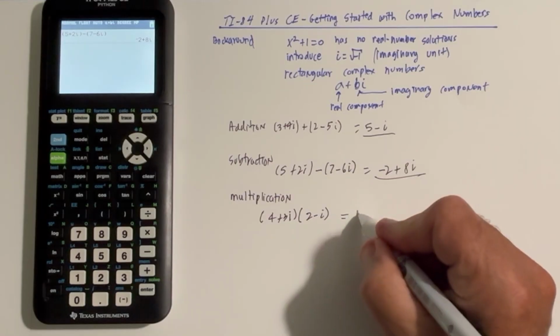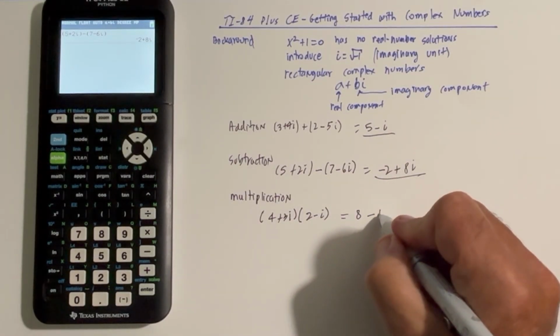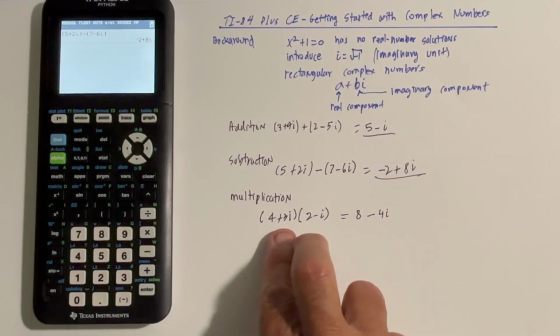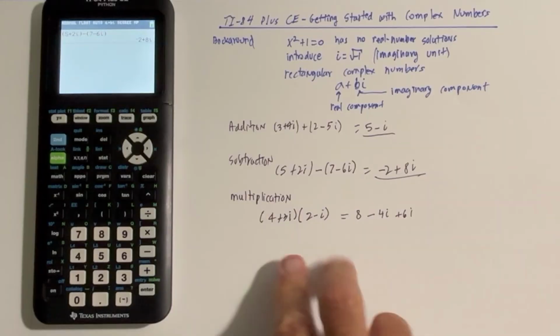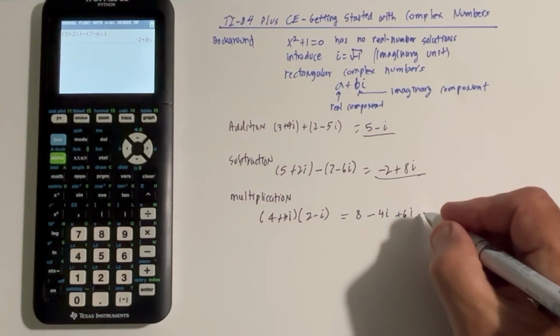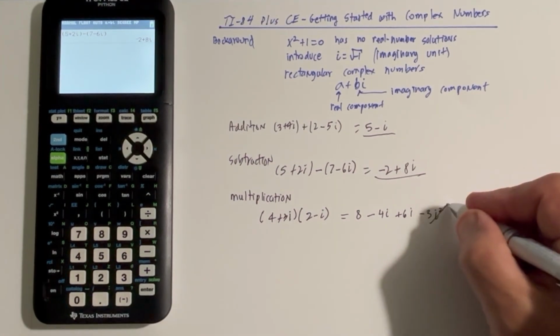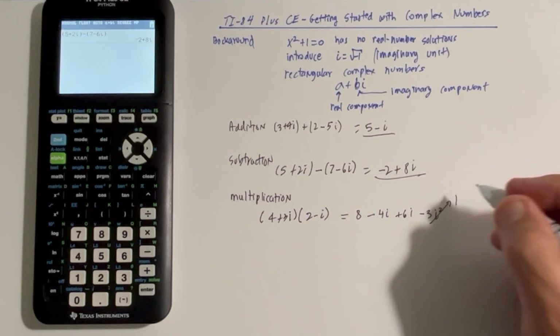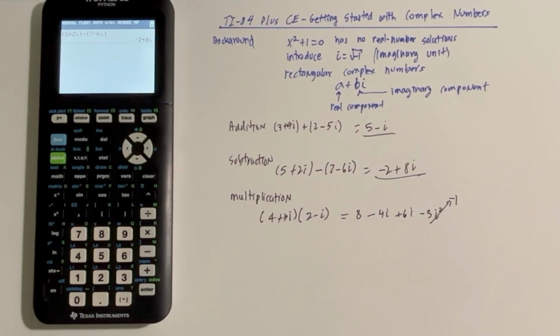So first is 8, the outer is minus 4i, the inner is plus 6i, and then the last, these two right here, is going to be minus 3i squared. i squared goes to minus 1 because you get rid of the square root function there.